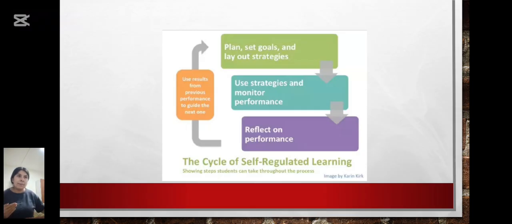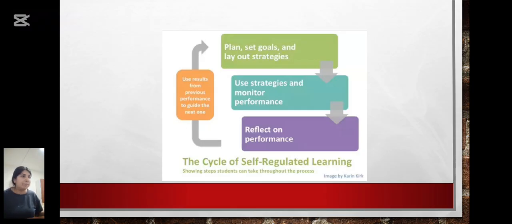The next step is reflect on performance. And the last step is use results from previous performance to guide the next one. And it's always in a circle. You always plan something, then you use strategies and monitor yourself, then there's evidence, and it goes in a cycle like that.